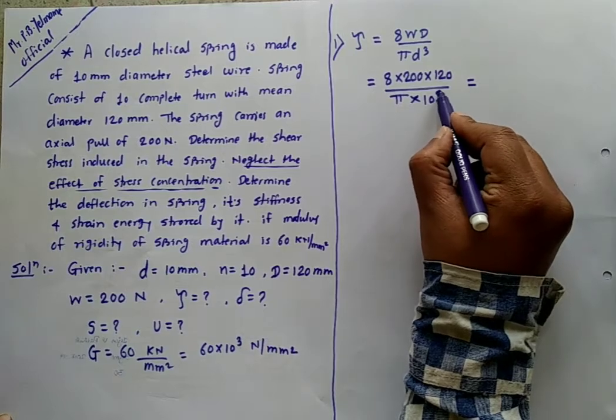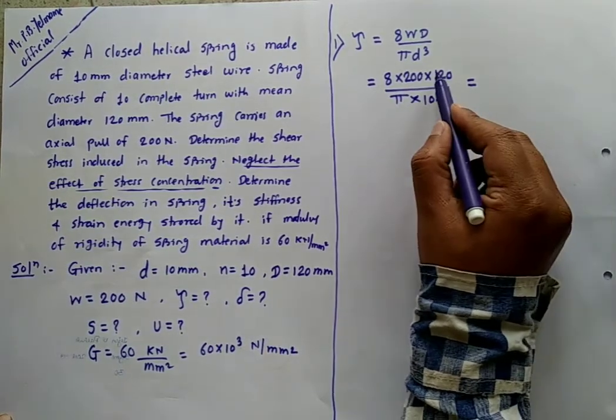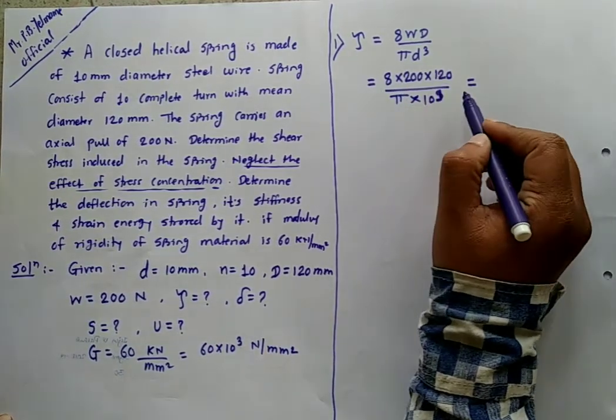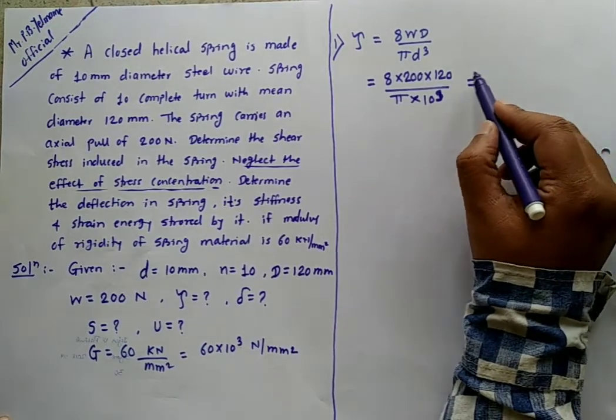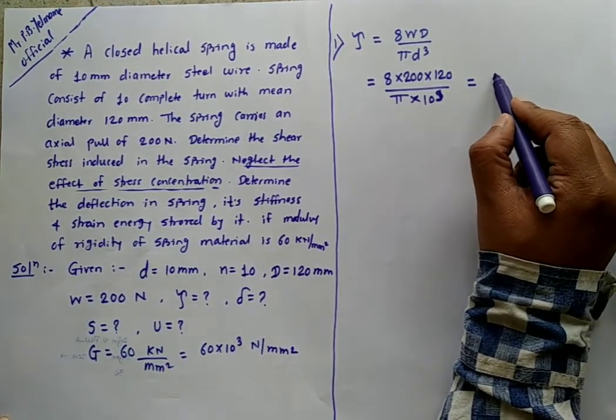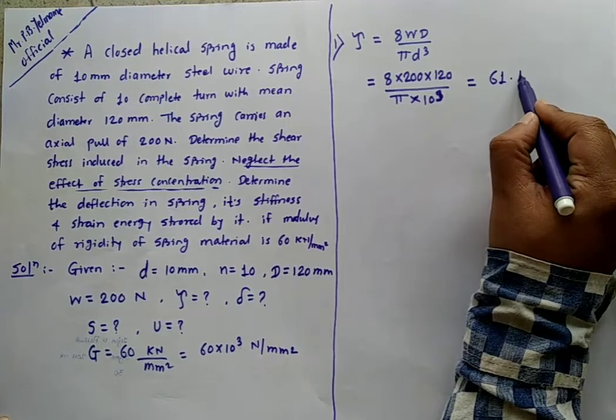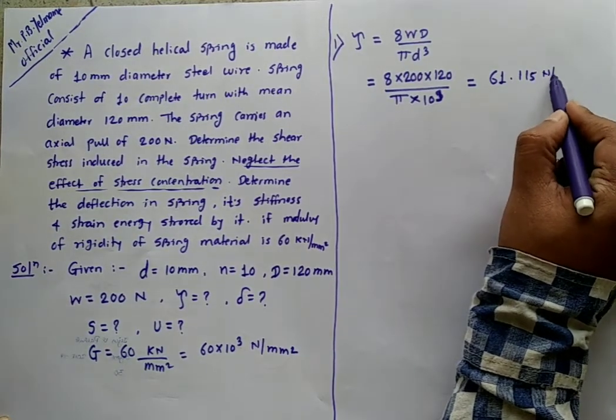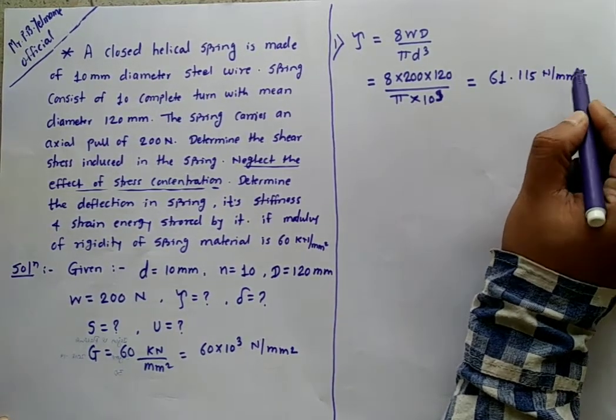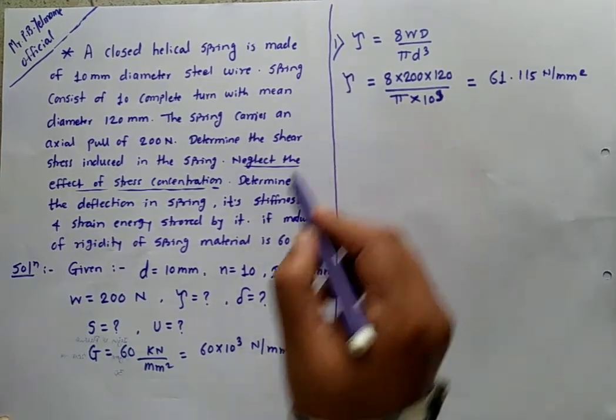Whenever we calculate it by using a calculator, the answer becomes 61.115 Newton per mm square. This is the value of shear stress.